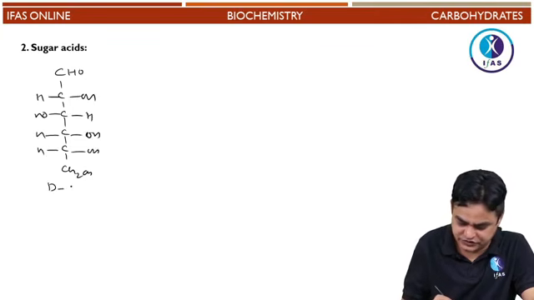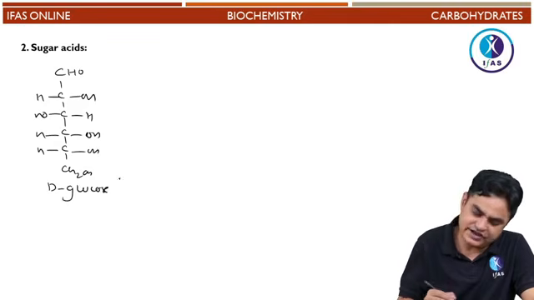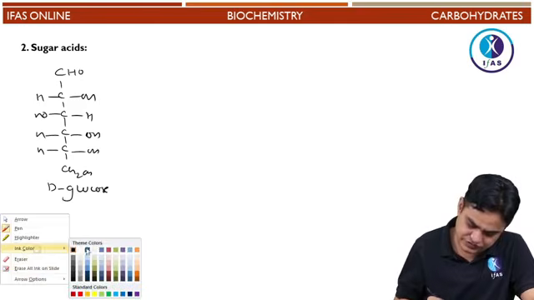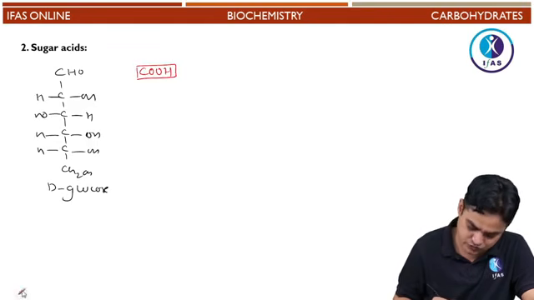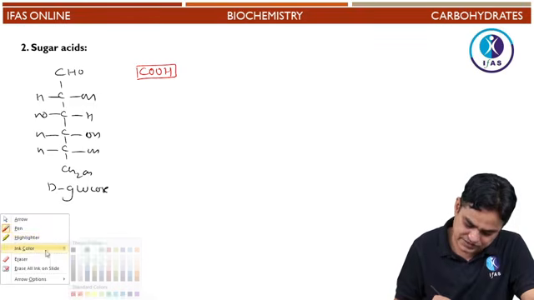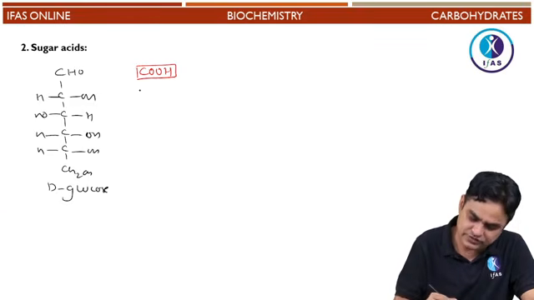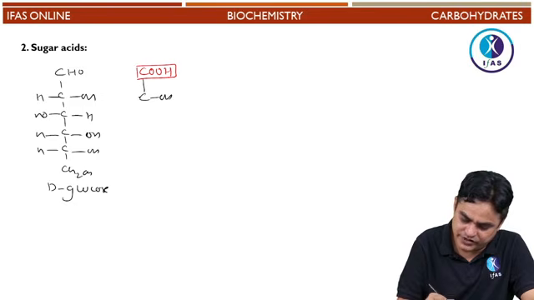So this is the structure of D-glucose. And at the first place, you are having a COOH instead of CHO. Then this is an acidic sugar. The name of that acidic sugar is gluconic acid.